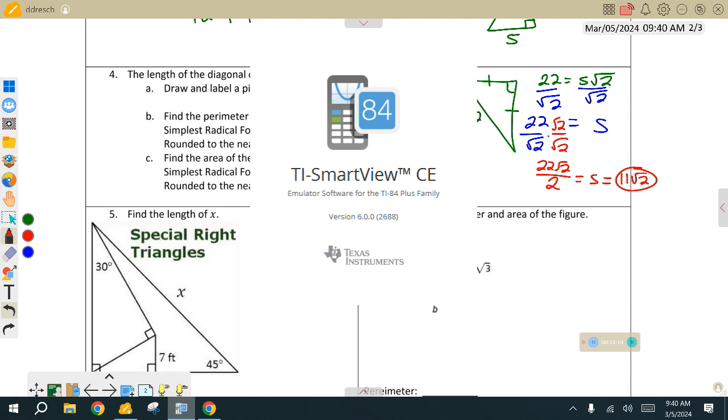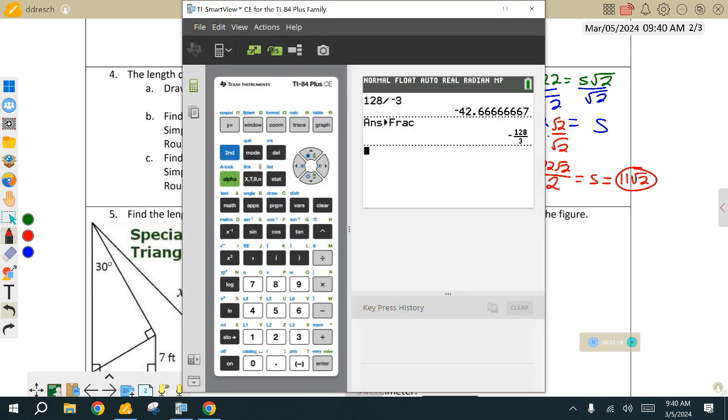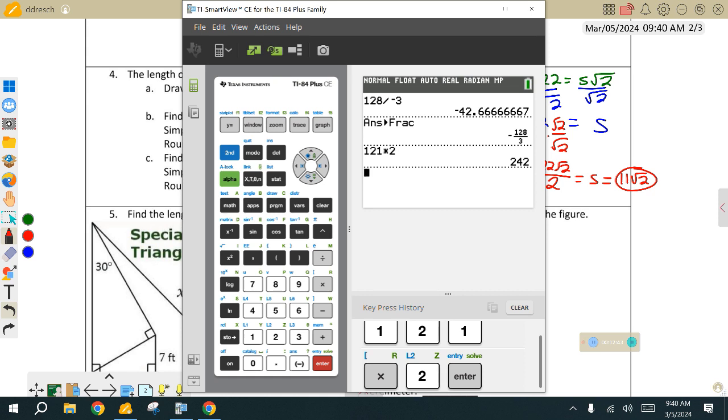Yeah. It's a number. It's not a negative number. What's 11 times 11? 121. What's root 2 times root 2? It's 2, right? So 121 times 2 is 242.